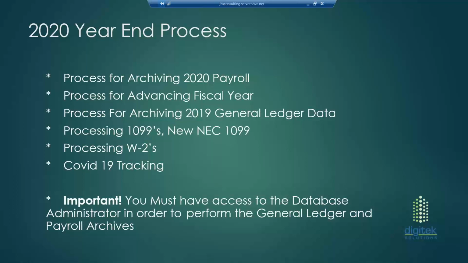It's very important with all of these items, with the exception of 1099s and W-2s, that you have access to your database administrator in order to perform the general ledger and payroll archives.